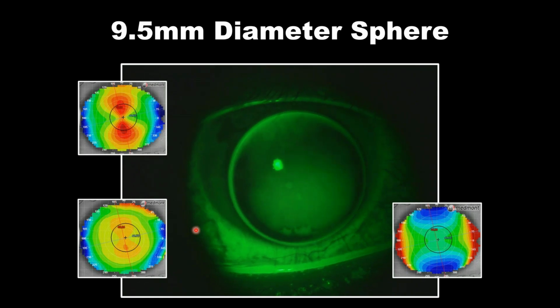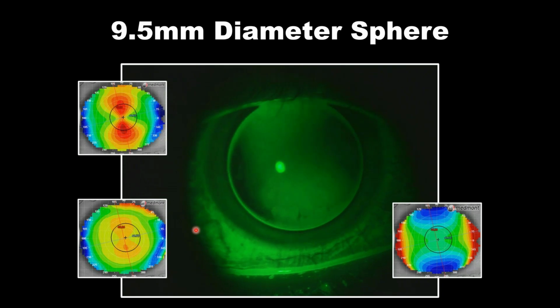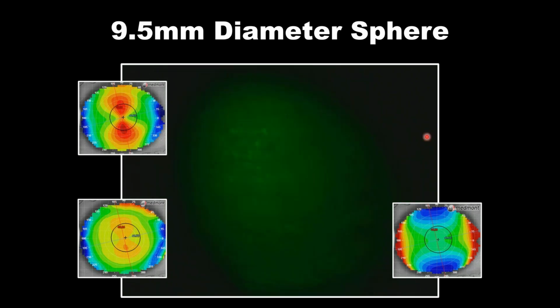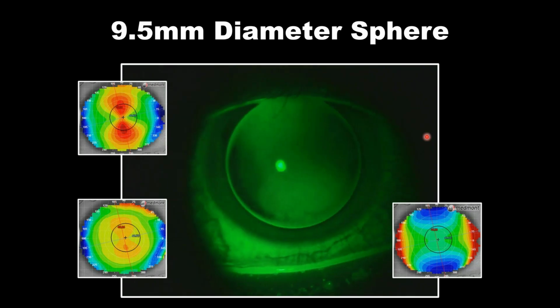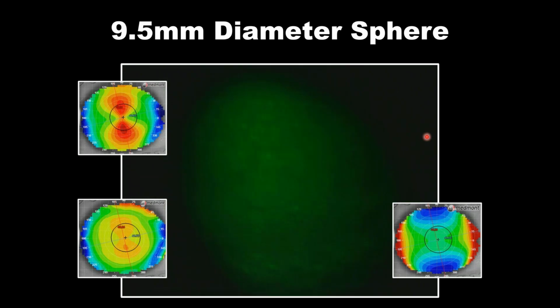The lens seems to sit on the rails at 9 o'clock and over at 3 o'clock. But the problem, of course, is across the vertical meridian, we completely lack the depth that's there, where we have no relationship across the vertical. We have good relationship on the horizontal, bad on the vertical. So this is a patient that clearly requires a toric lens.